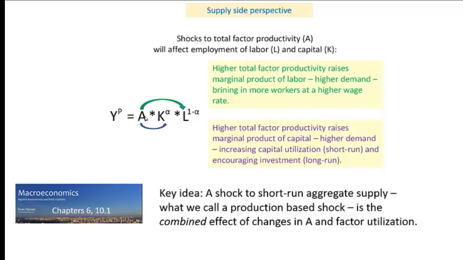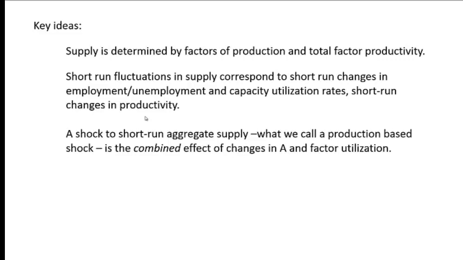The combined effects of these changes in total factor productivity, capacity utilization rates, and the rates of labor employment/unemployment are reflected in shocks to the short-run aggregate supply curve, what we will call a production-based shock, or PBS. So the key ideas from this video: first, that supply is determined by factors of production and total factor productivity.